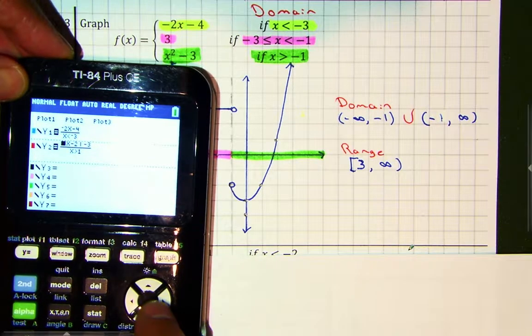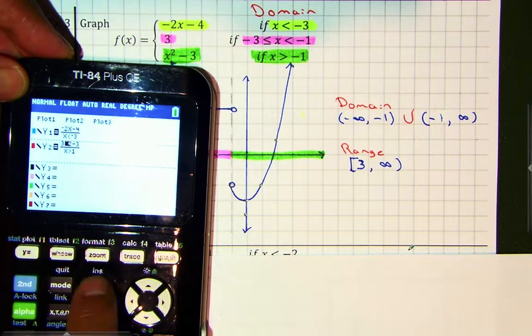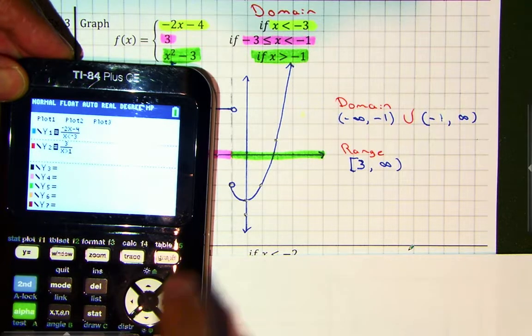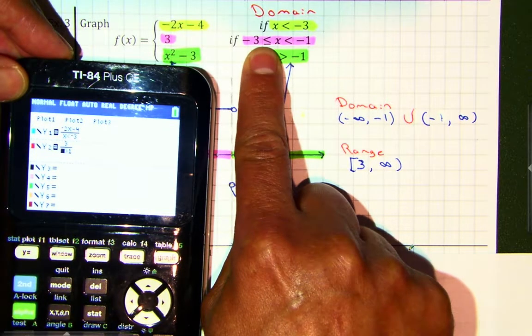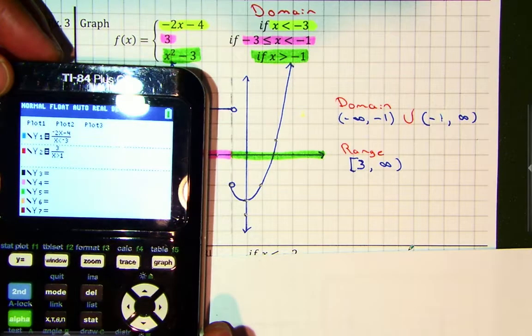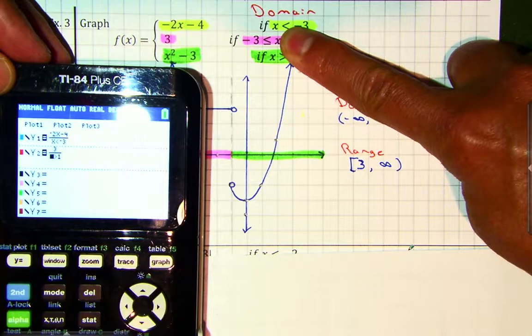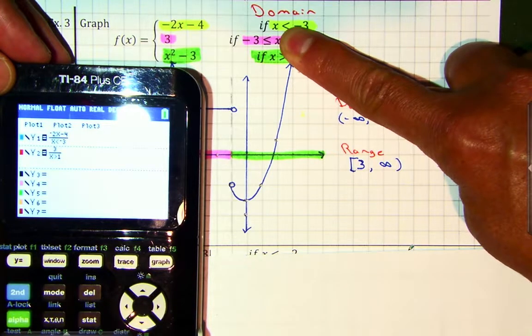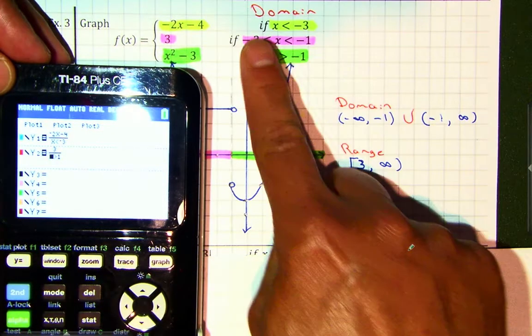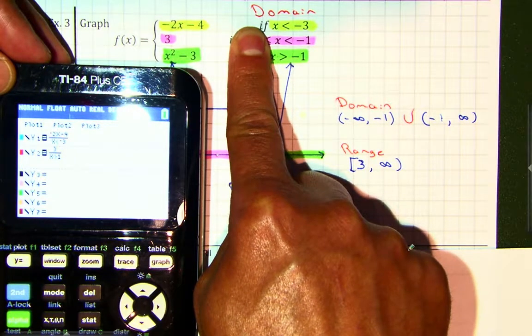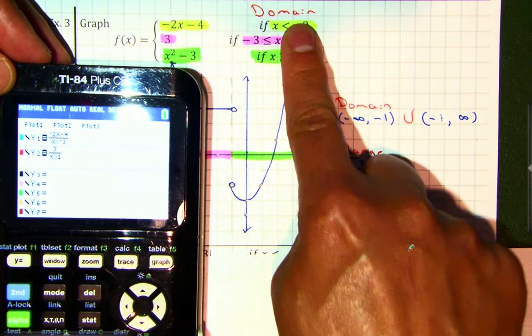On my second graph will be just 3, so let me delete everything else. When x, now in this case we have a compound inequality that we covered before. So I'm going to have to break it down. I'm going to break out the first one when x is greater than negative 3 and when x is less than negative 1. So let's go and type in the first one.